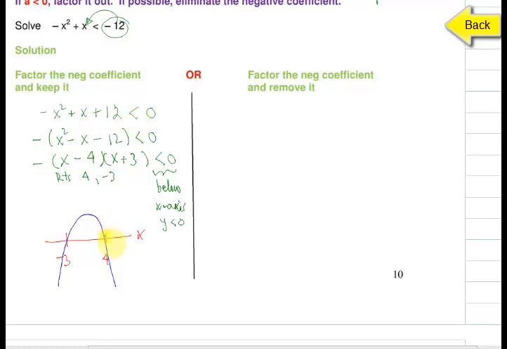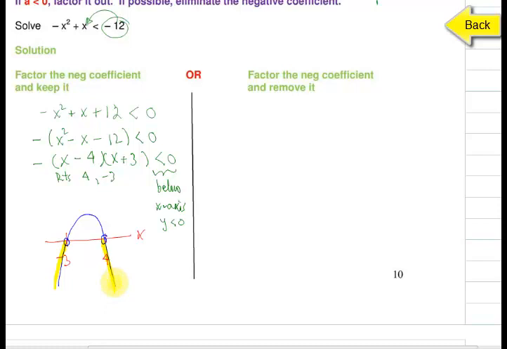And notice that our inequality just reads less than, not equal to. So to remember that, to show less than but not equal to, we use open circles because we don't want to include these points as part of our solution. And what region are we considering? We are considering the region below the x-axis, and so as you can see we have 2 regions to consider.